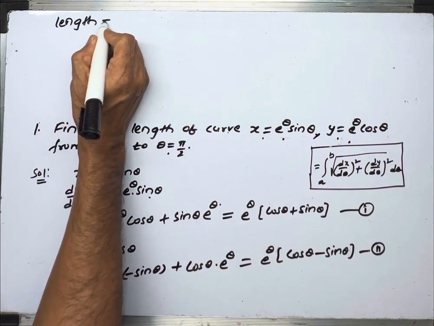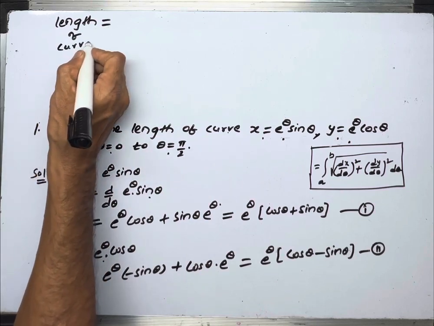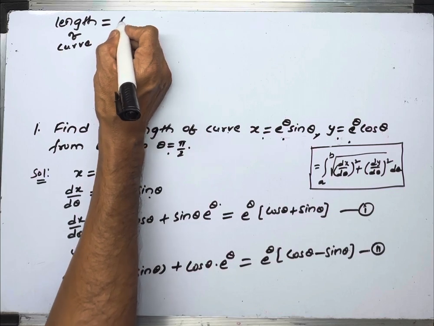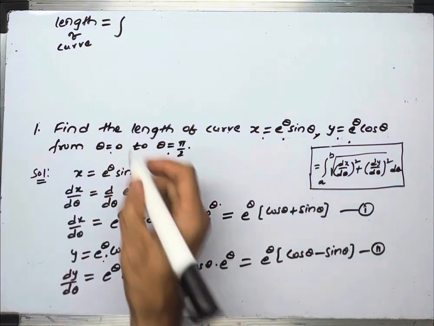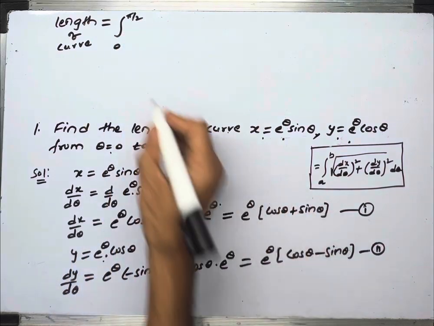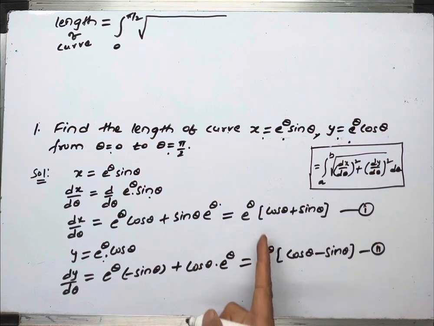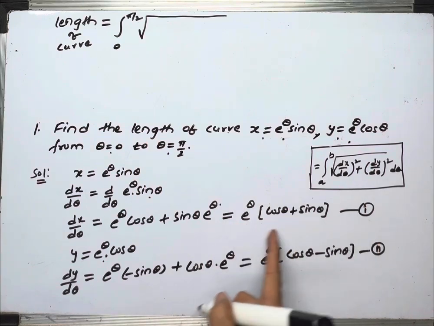Length of curve equals integral a to b, limits are given to us 0 to pi by 2, square root of dx by d theta whole square. So they'll get square.